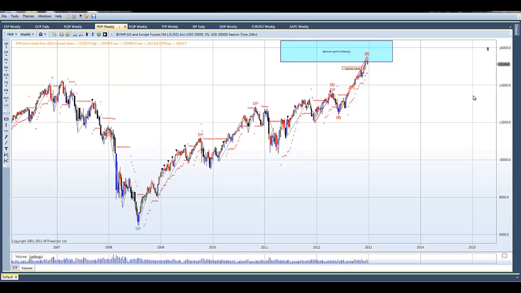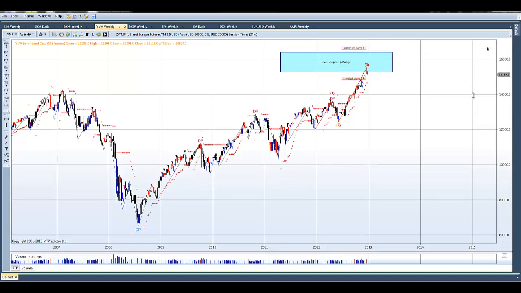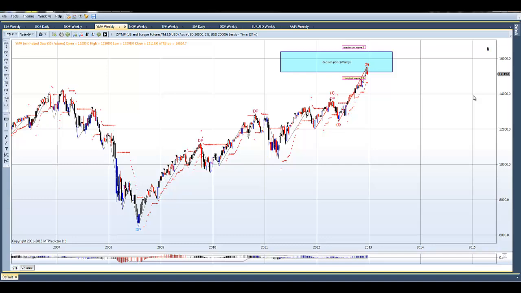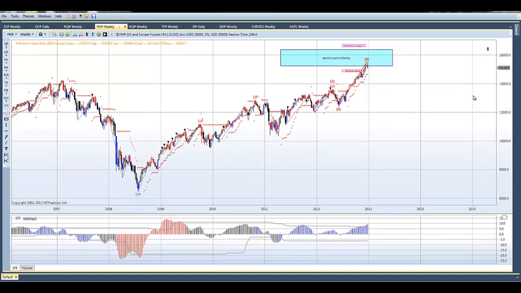It's gone beyond the typical wave 3 into the DP, so that is in resistance. That resistance does go above 16,000 there, and again, I believe we've got strength on the STF. On the Dow, you can see it's into the strength band there, telling us there may be more upside ahead.